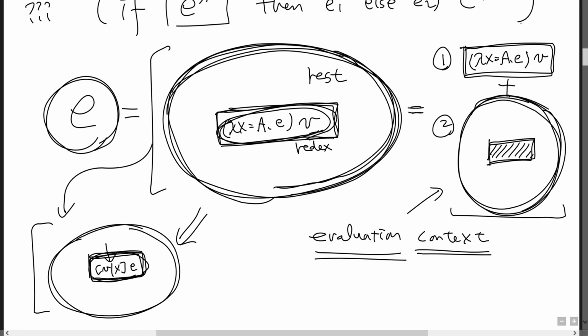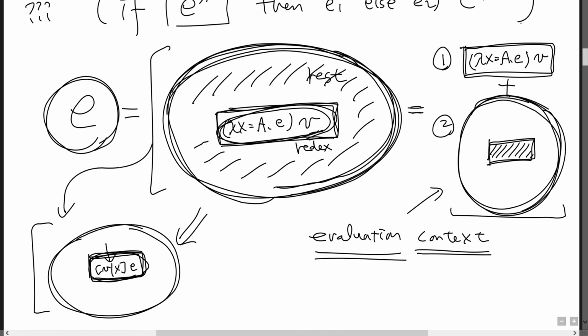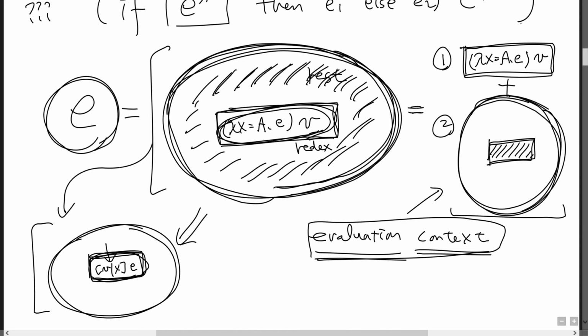We did not touch anything in the rest of the expression. And we decide to call the rest as evaluation context. So in other words, the evaluation context marked here stays the same. We only touch the red x, and the red x is going to be reduced to this new expression.